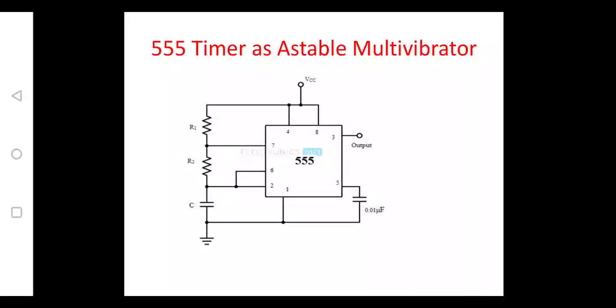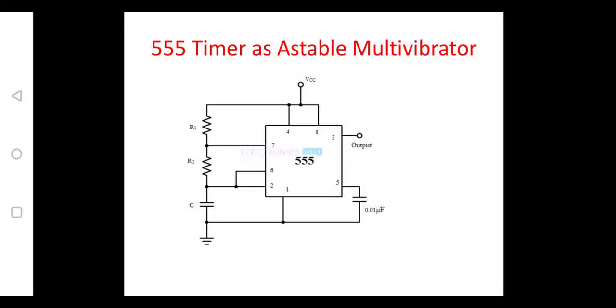Pin number 2 is the trigger and pin number 6 is the threshold voltage. Trigger and threshold both should be connected to a common point, and from that common point we need to connect a potential divider network of two resistors and a capacitor.